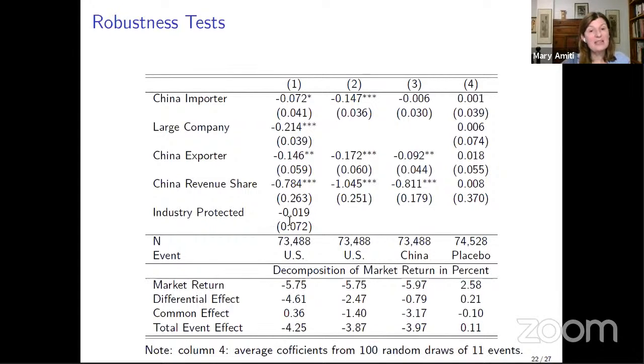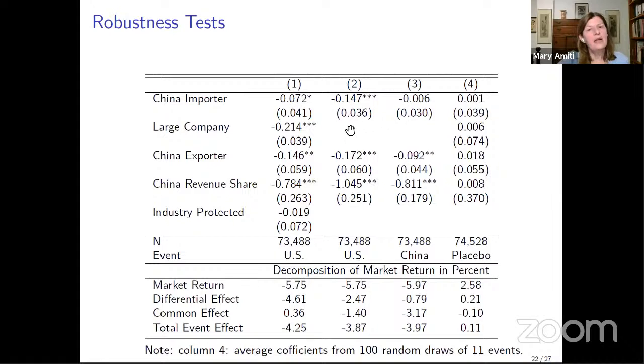This is very similar to, I believe, a Peter Egger paper that also didn't find any effects for the import competing firms. In columns 2 and 3, for the US and China events, we omitted the large dummy, just to show you that it's not the large dummy that's driving everything.